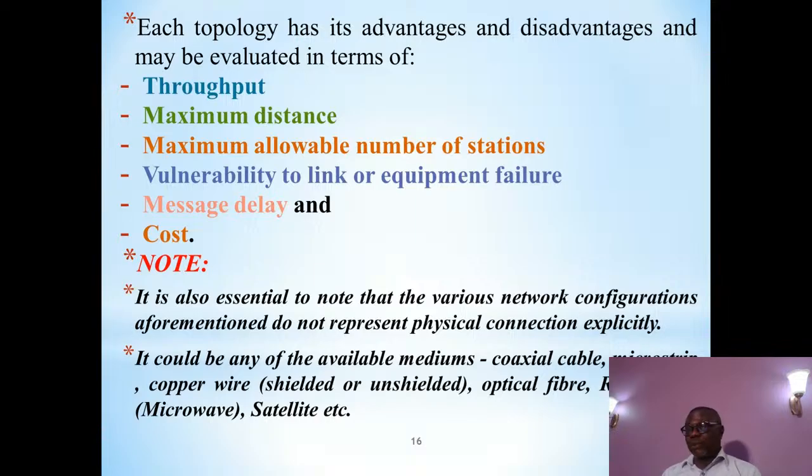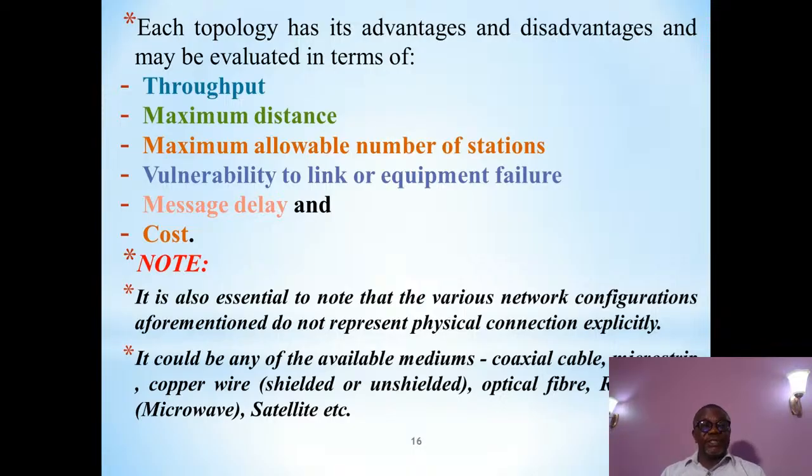Like I said, when we talk of throughput, we are talking of the efficiency. Two, the maximum distance that can be covered. Three, the maximum allowable number of stations. As we go down, we will have more information on this. Four, the vulnerability to link or equipment failure. Five, message delay, and finally, the cost.